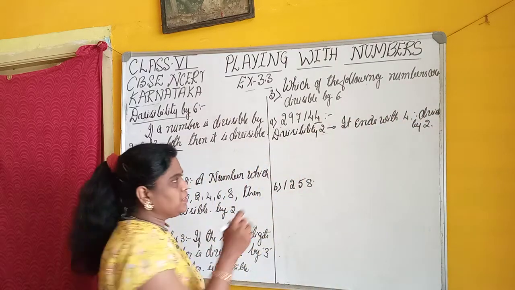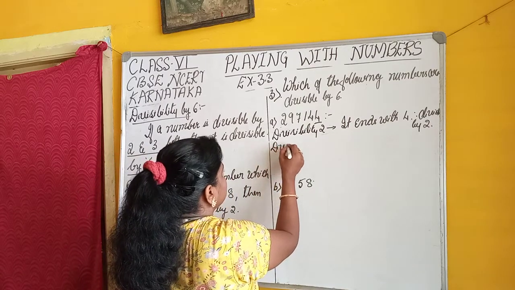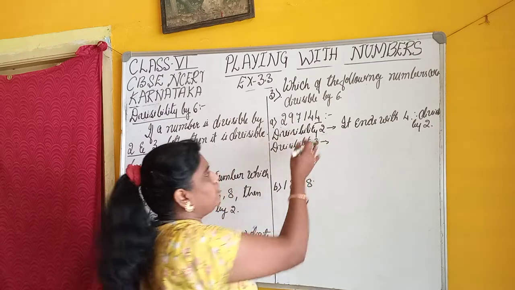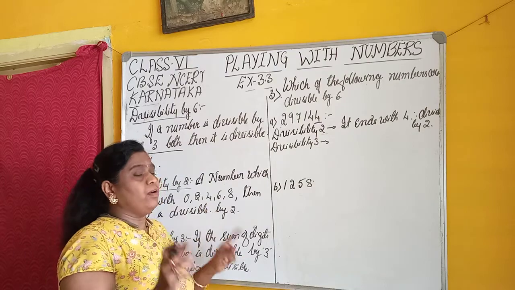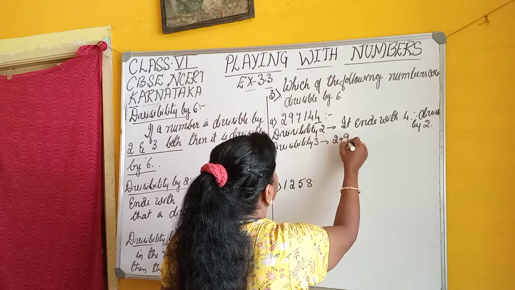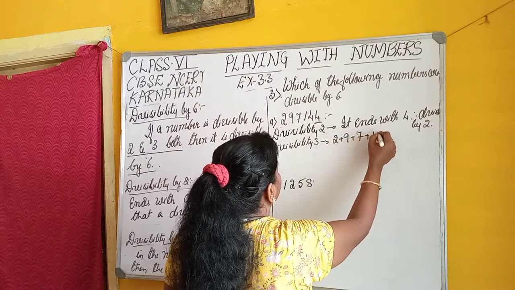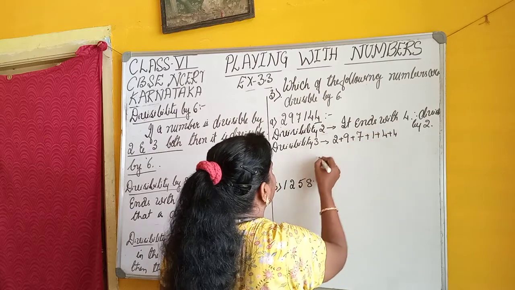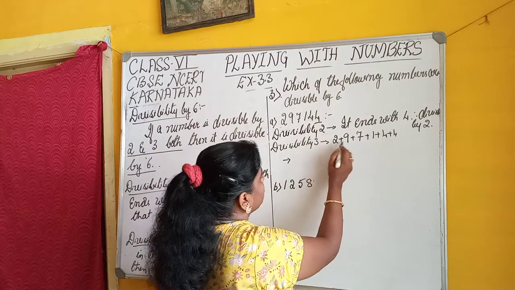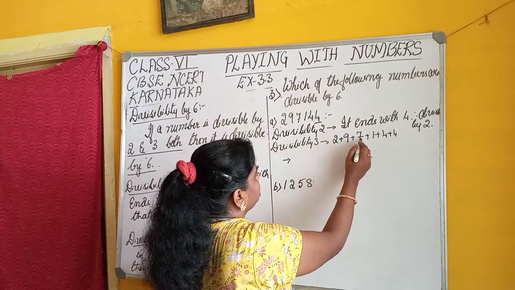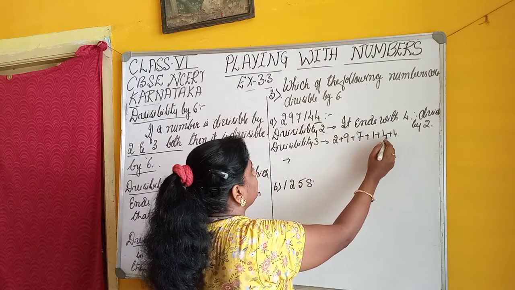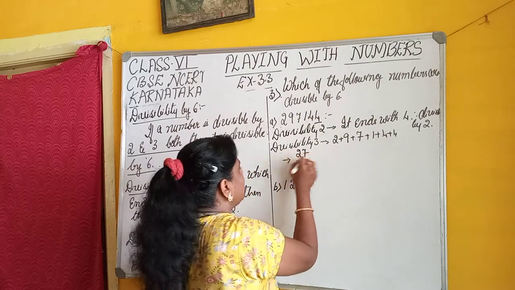Now let us check for divisibility by 3. For that, what we have to do? We have to add all the digits in that number, that is 2 plus 9 plus 7 plus 1 plus 4 plus 4, and then check if it is divisible by 3. 2 plus 9 is 11, 11 plus 7 is 18, 18 plus 1 is 19, 19 plus 4 is 23, 23 plus 4 is 27.